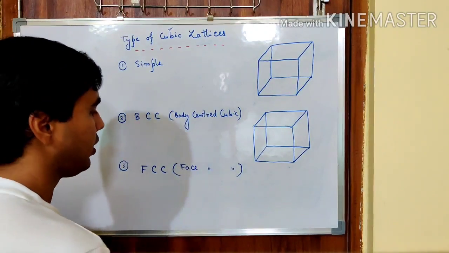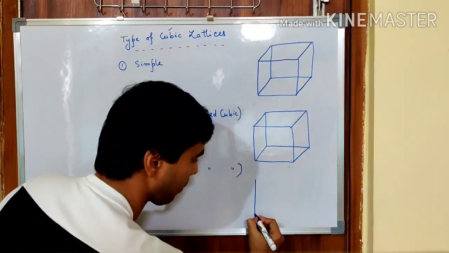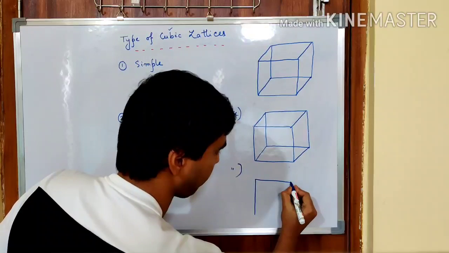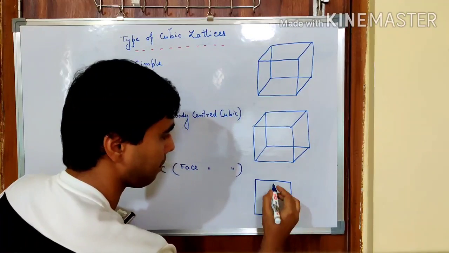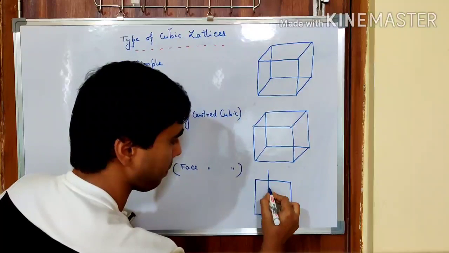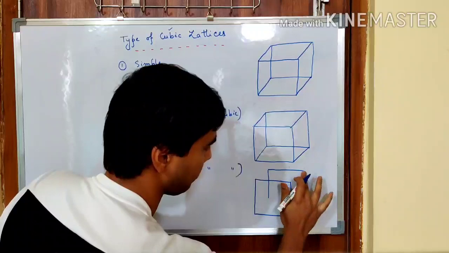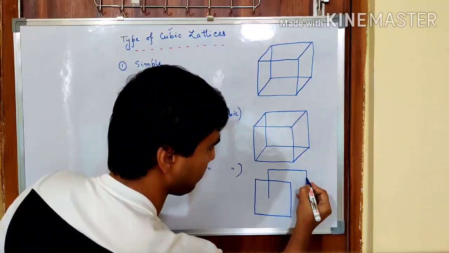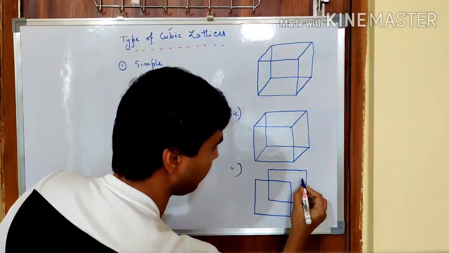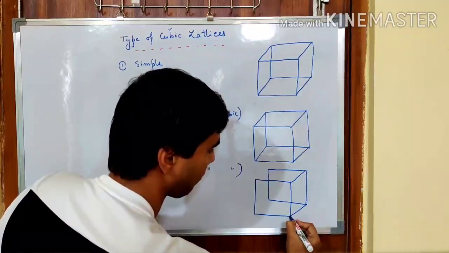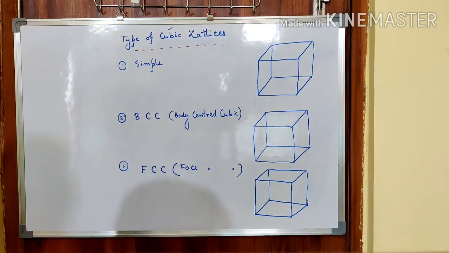So 2 we have drawn, and the third one also, let us draw it here. So 3 cubes rather we have drawn till now. Nothing more than that. 3 cubes only.